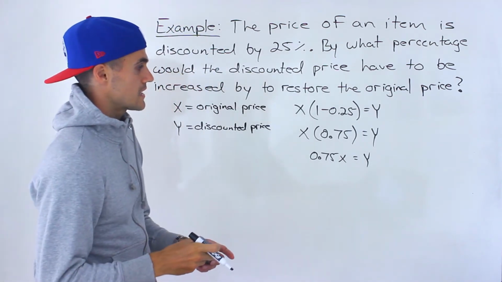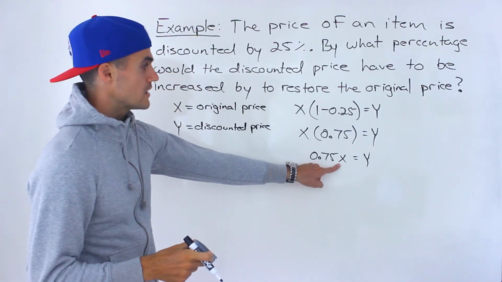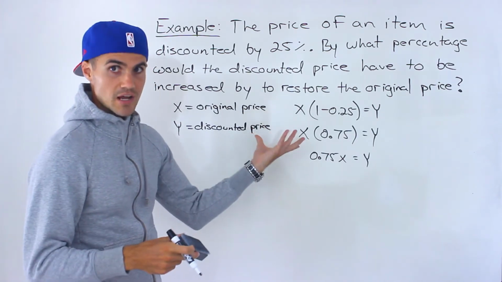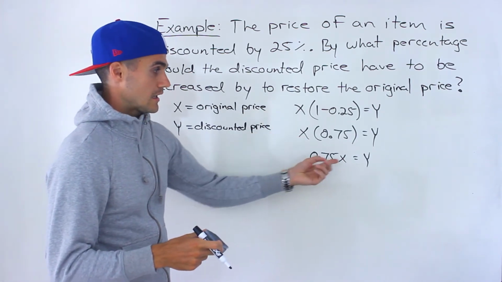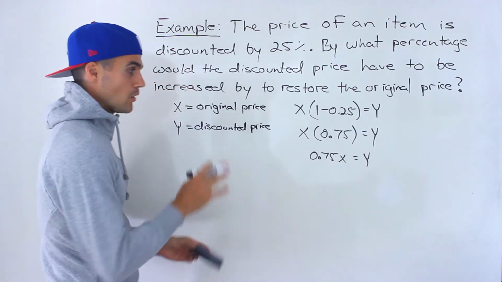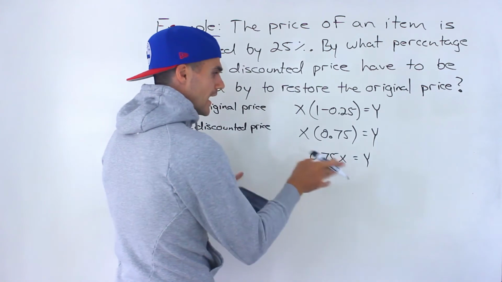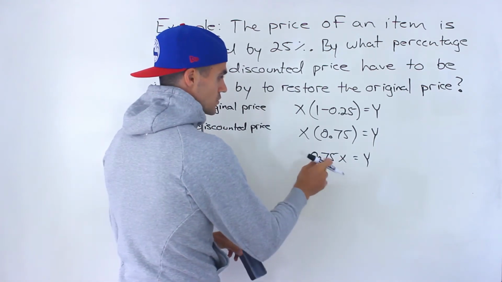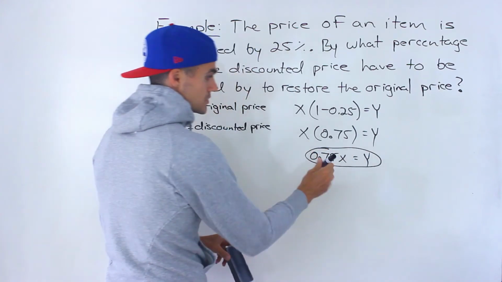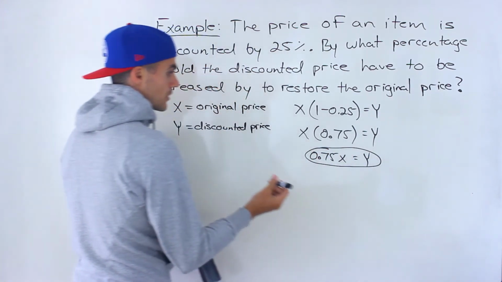Intuitively, it makes sense. We're starting at the original price. Because we're discounting it by 25%, 75% of that price is going to be the discounted price. And now we can actually go about this in multiple ways, so I'll show you two ways to do this. We have this relationship between the original price and the discounted price.